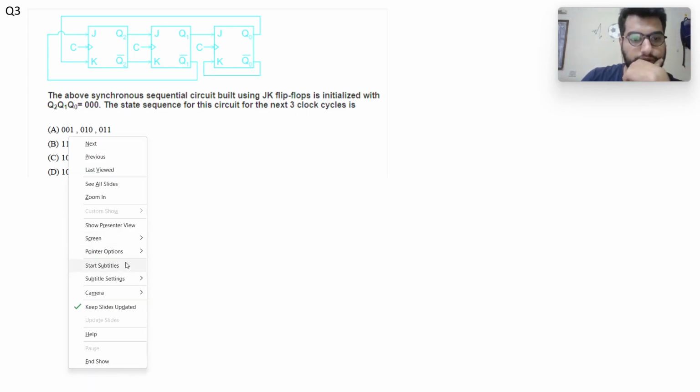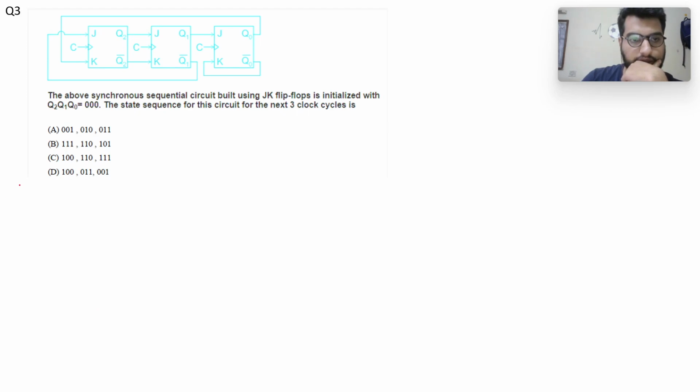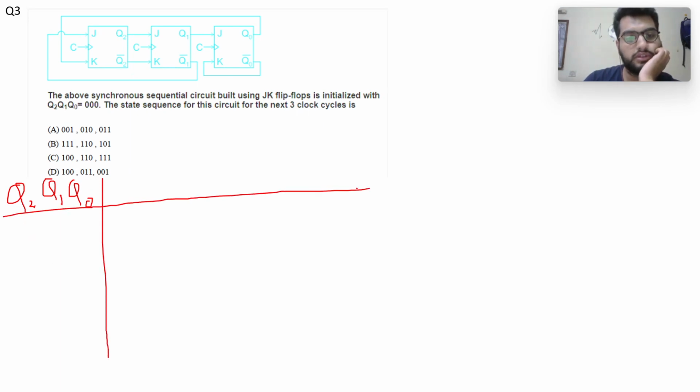So how will we do it? First we write down the present states here, Q2, Q1 and Q0, and here we will write down the inputs. So this is 2, this is 1 and this is 0, just for labeling purposes.